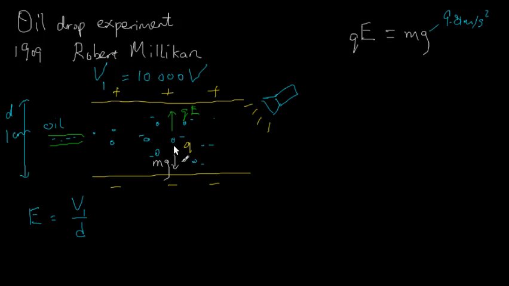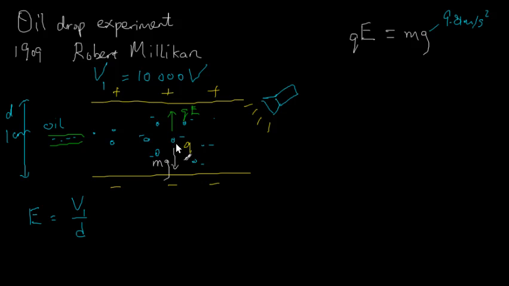That might work. But the method that was used by Millikan was very clever. He did not use a microscope. What he did was to switch off the voltage that balances the drop, after finding it, and allow the oil drop to fall.